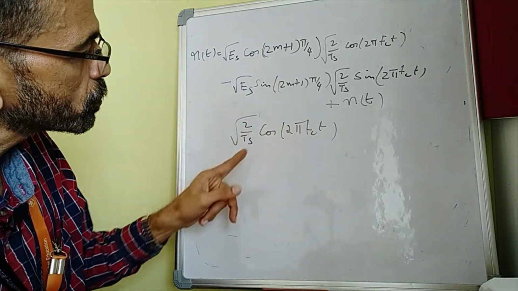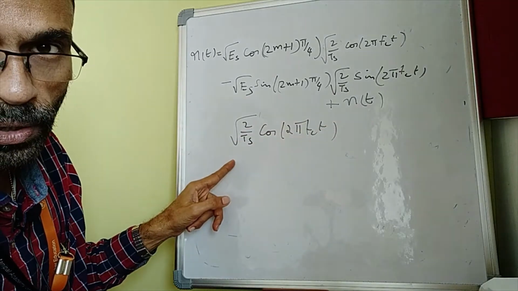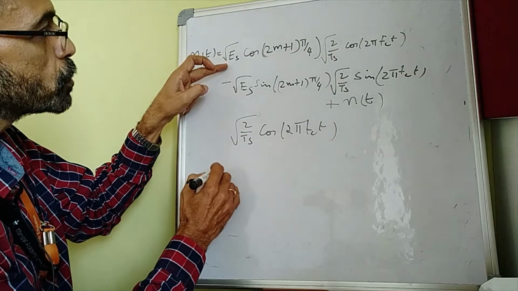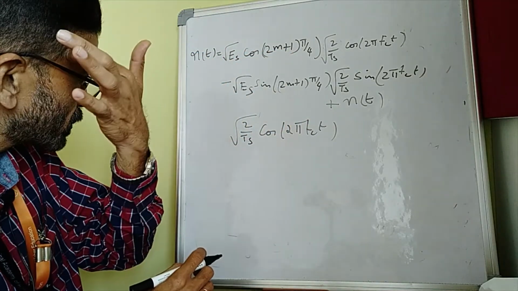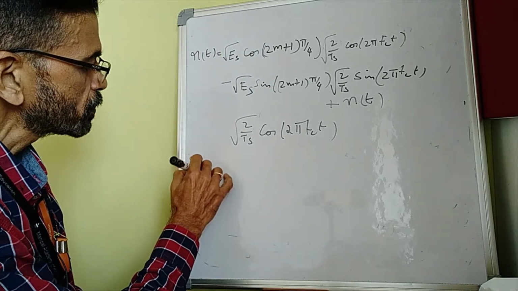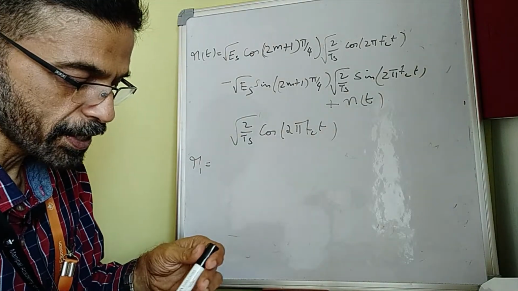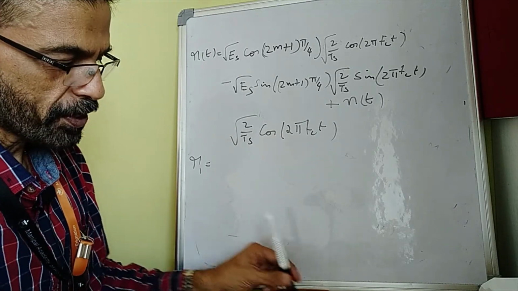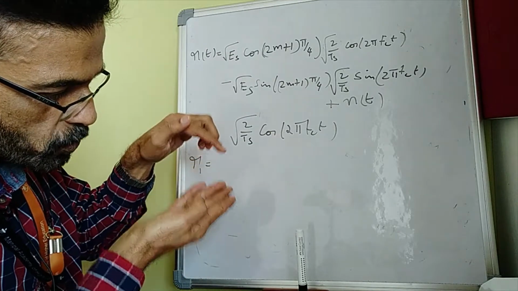So r(t) into this, integrate from 0 to Ts, and let's see what happens. Root Es cos (2m plus 1) pi by 4 will come out of the integration because it's not a function of time. Before I proceed, let me emphasize that I am ignoring for the moment the power splitting which happens when the received signal is split into two.